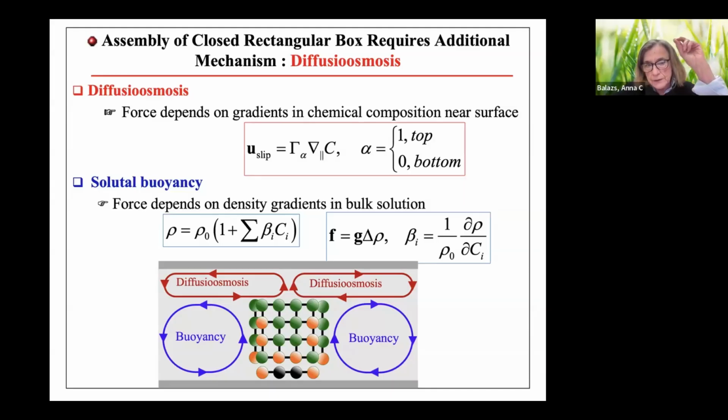And the really beautiful thing about diffusioosmosis, it happens primarily at surfaces. So you can localize that force near the surface, whereas pseudobuoyancy is a bulk phenomenon. It travels throughout the chamber. So I have a way of tailoring the top and tailoring the body of the fluid.